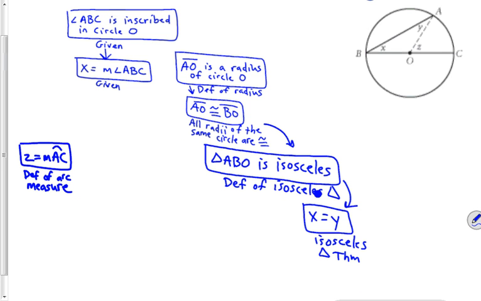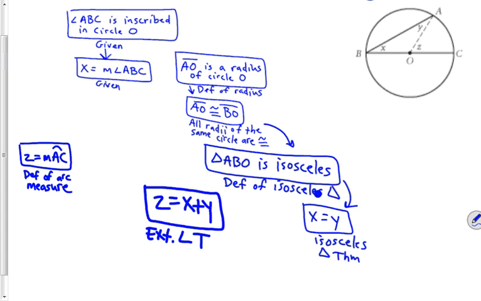So we know that Z is equal to X plus Y because Z is the exterior angle to our triangle, and this is the exterior angle theorem. So we can definitely connect these. Basically, since we had our isosceles triangle, Z is an exterior angle of the triangle, so we can connect those with that arrow.